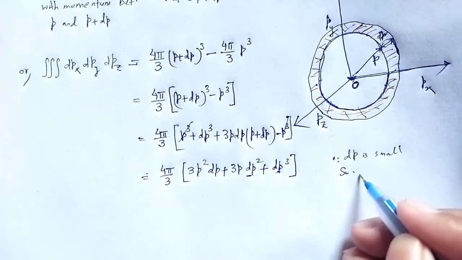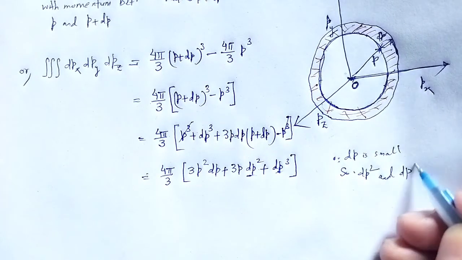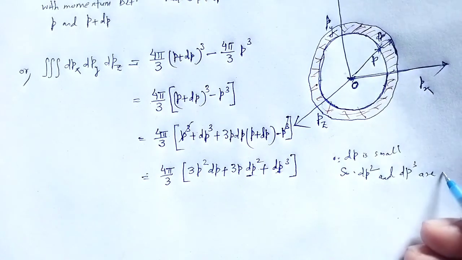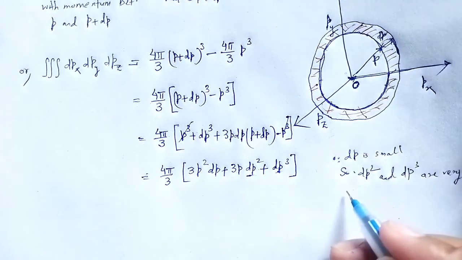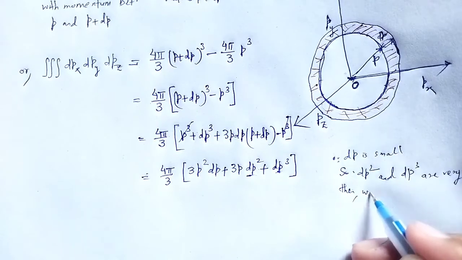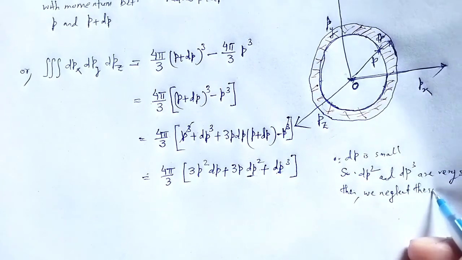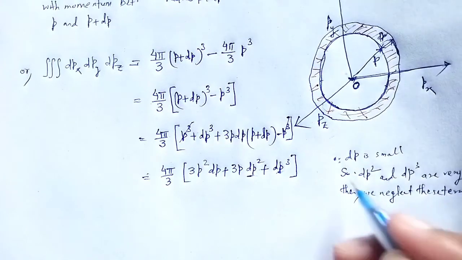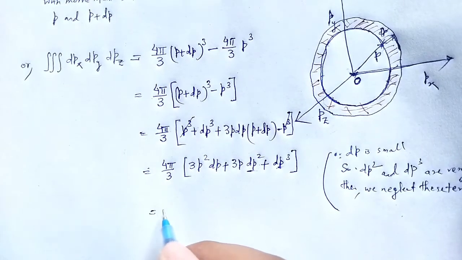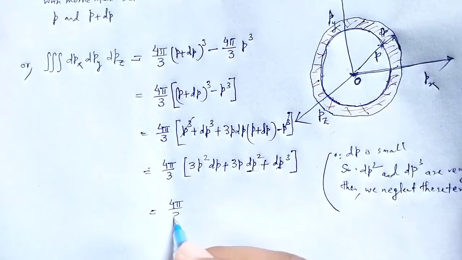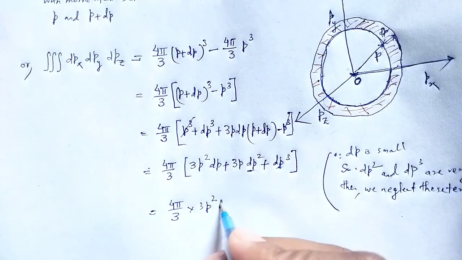The only term that remains is 4 pi by 3 times 3p square dp.